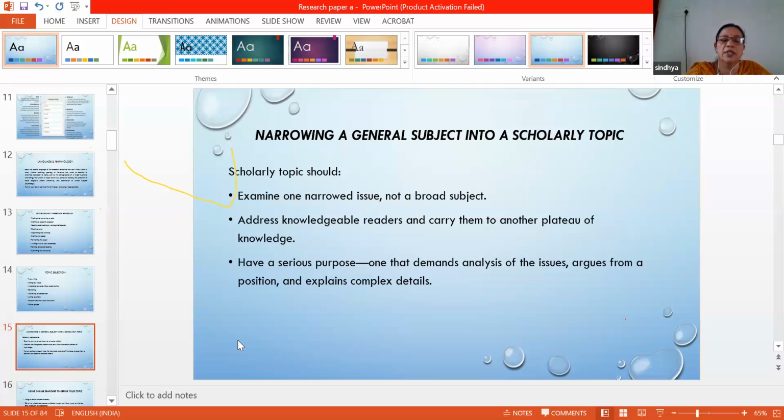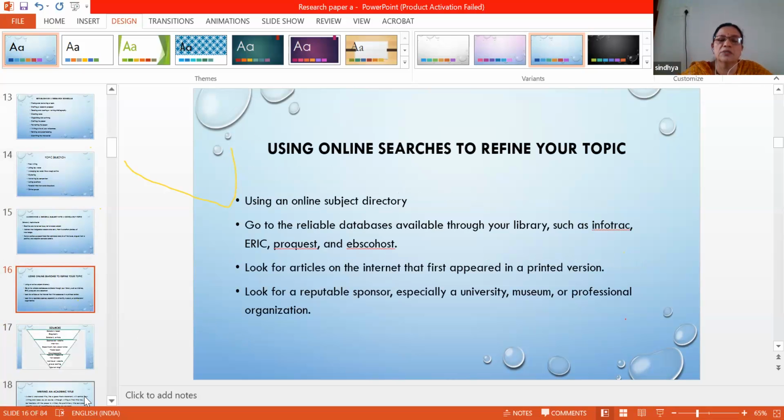That is one component, and it should analyze the issues, argue the position, and explain complex details. So it must be a serious purpose. That is, the topic itself should have a serious purpose. So narrowing down is an important component, and you can use online research searches to refine your topic.